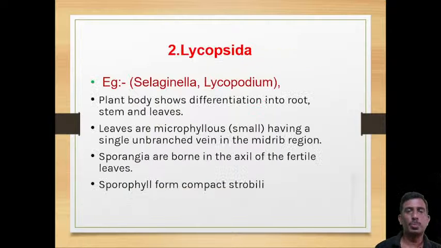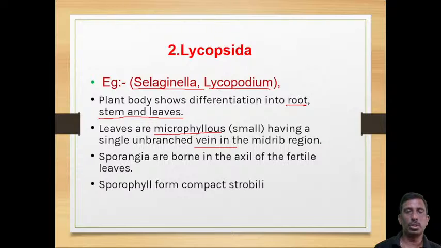Next is Lycopsida. Examples are Selaginella and Lycopodium. In this you can see a clear differentiated plant body, that is root, stem, leaf. Leaves are small, microphyllous, with a single unbranched vein in the middle.